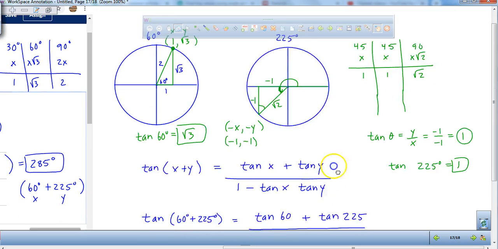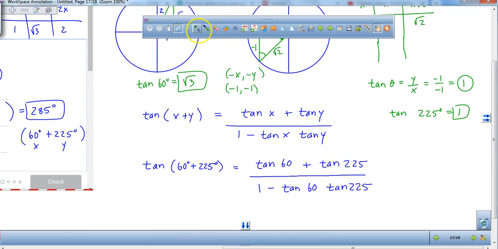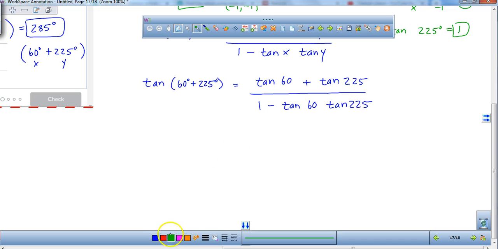All right, so we'll go down here, and we're going to start substituting some things in. Right now, I have the tangent of 60 degrees, and I know that's radical 3. And then right here, I have plus the tangent of 225.